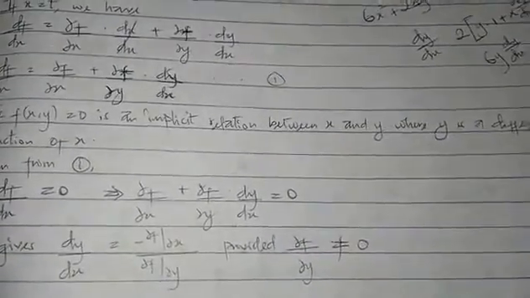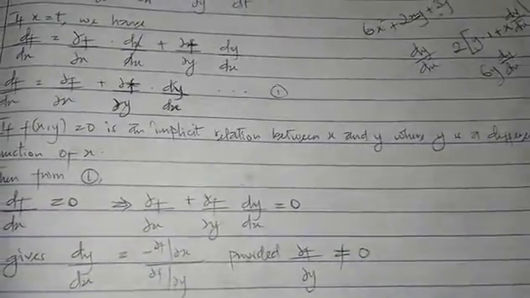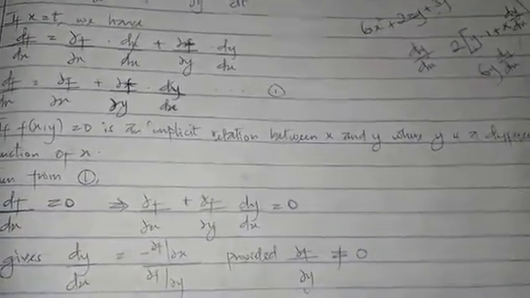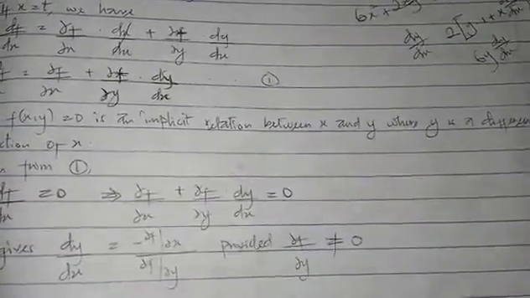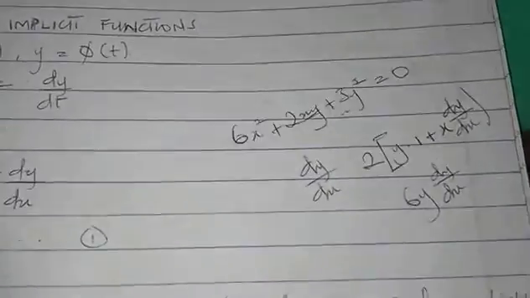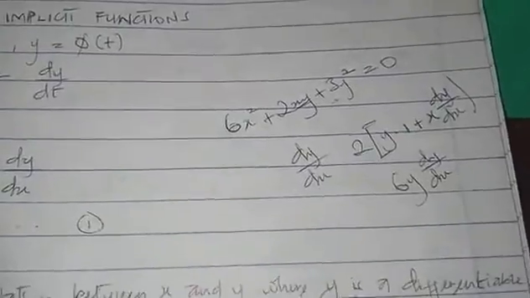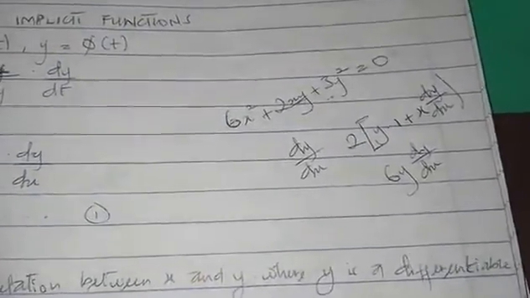Now if f equal to 0 is an implicit relation between x and y, where y is a differentiable function of x, then from 1, df over dx is equal to 0. So what I'm saying is, an implicit function is kind of like I told you, an equation mixed with different variables.